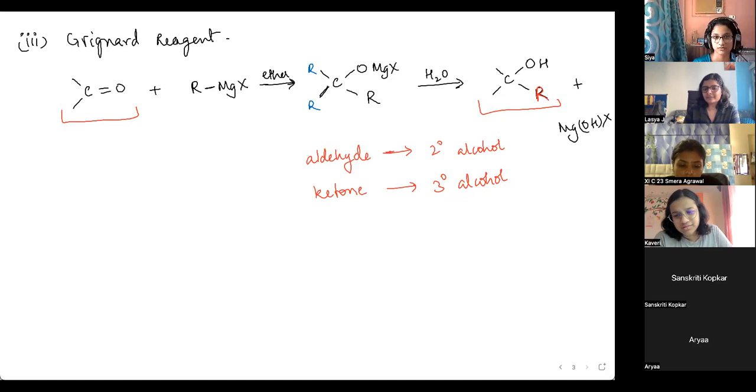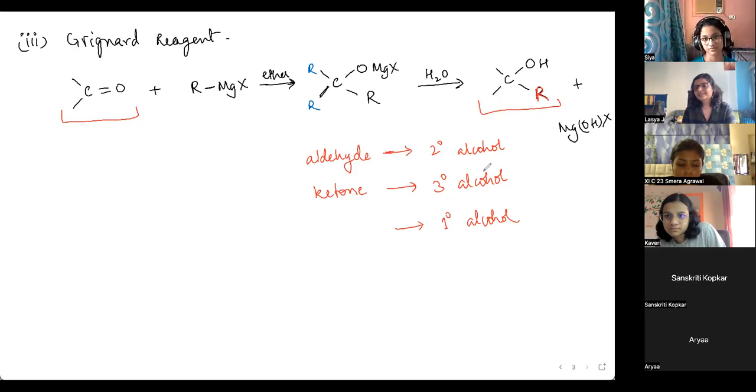If I want a primary alcohol, then what should I start off with? Reverse engineer it. Primary means here you need CH2, because then there's only one carbon chain and this becomes a primary alcohol.